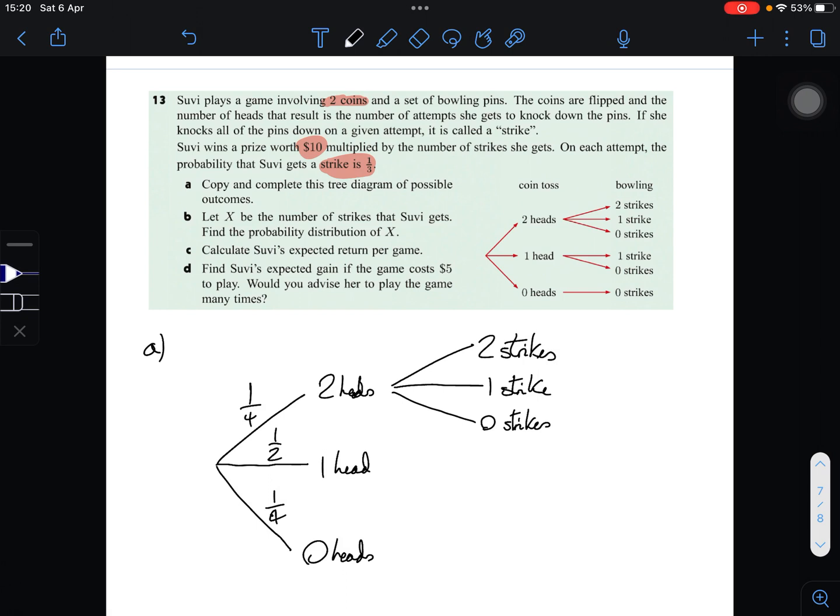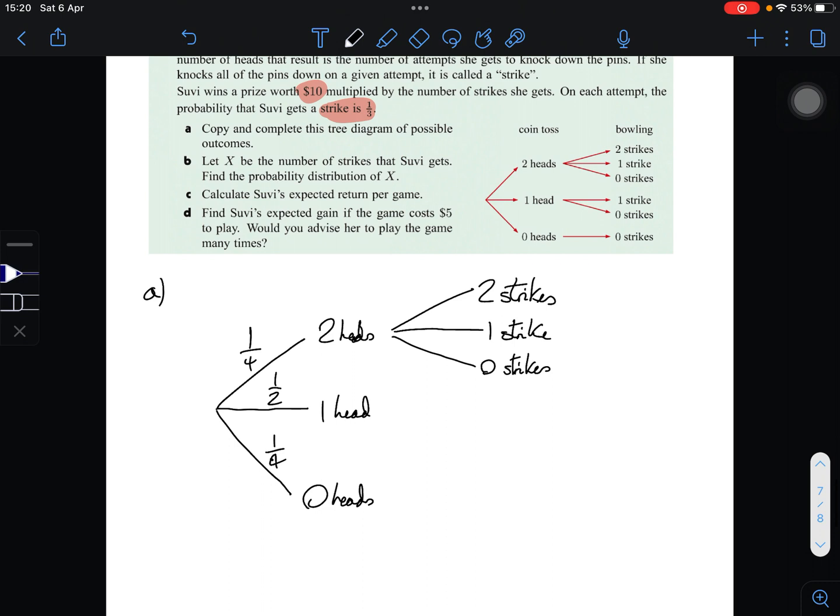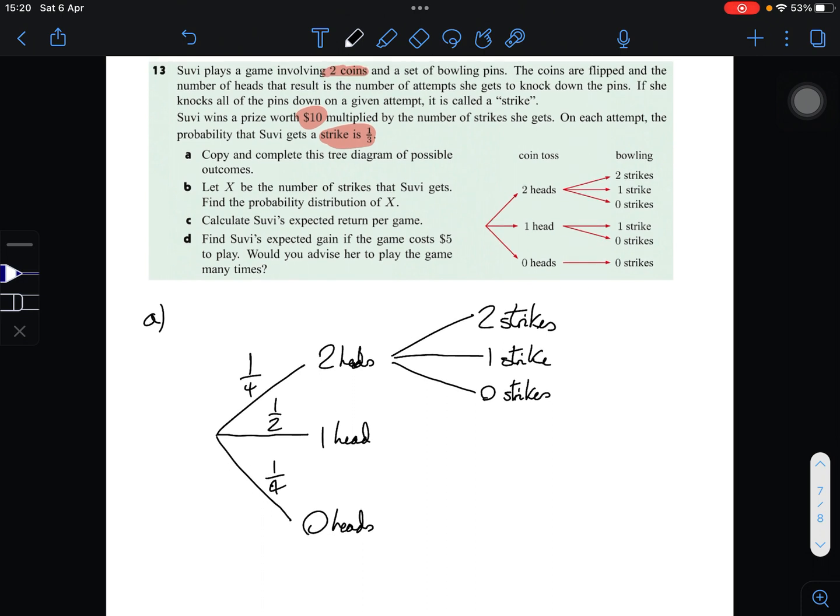The coin flips give the number of heads, which is the number of attempts she gets to knock down the bowling pins. Oh, on each attempt, the probability she gets a strike is 1/3. Okay, fine. I've seen that now. That's why it's good to highlight bits in the question. So 2 strikes is 1/3 times 1/3, which is 1/9. 1 strike is 1/3 times 2/3, which is 2 over 9, but that times 2 is 4 over 9, because you can either have a strike and then not a strike, or not a strike and then a strike.